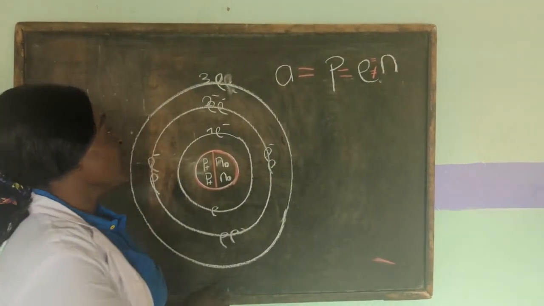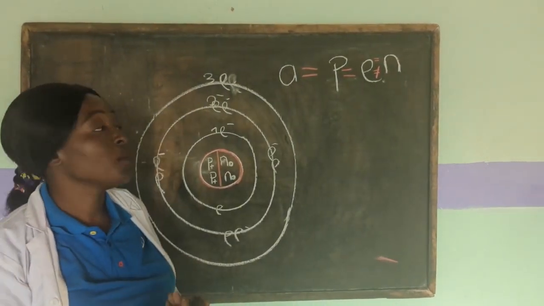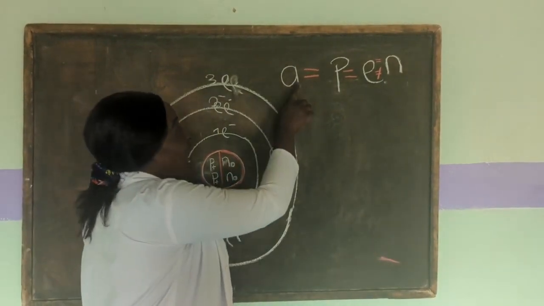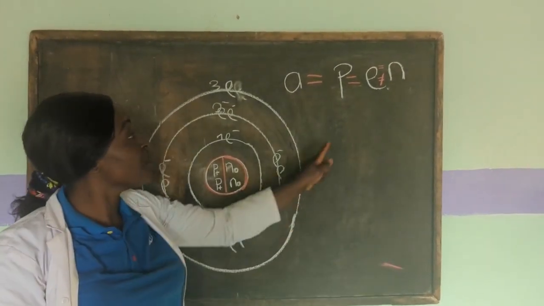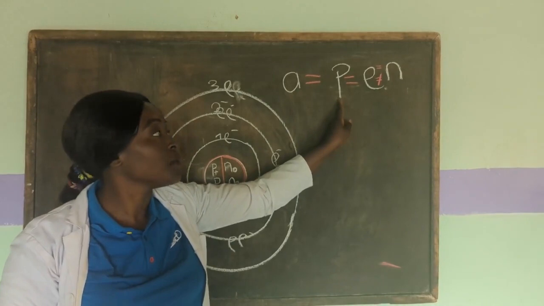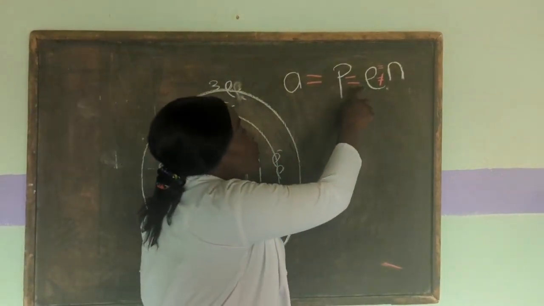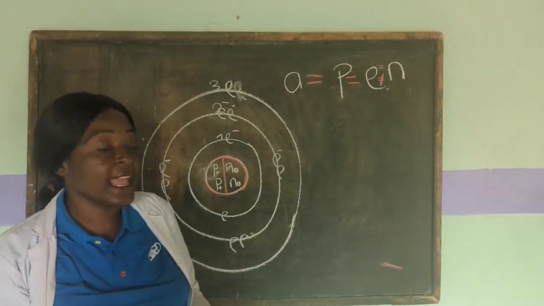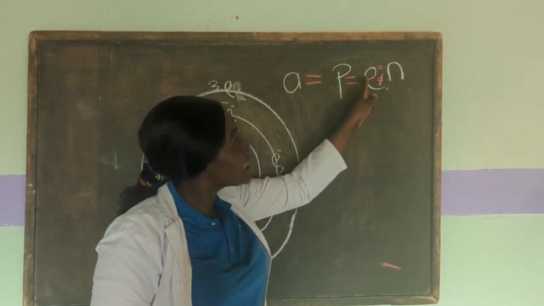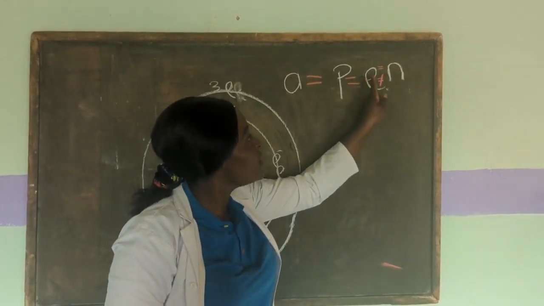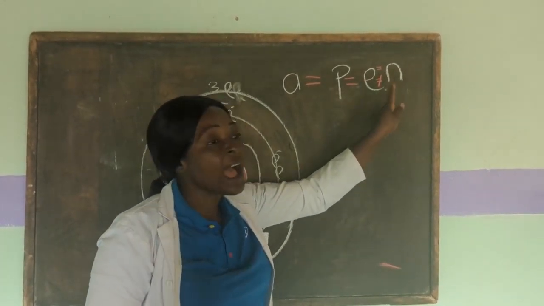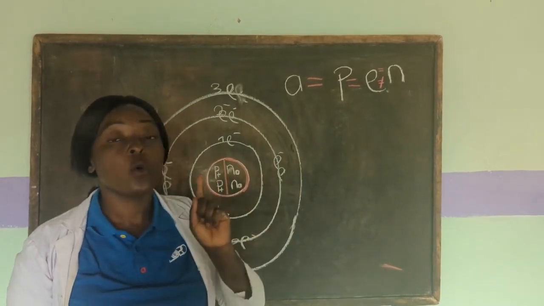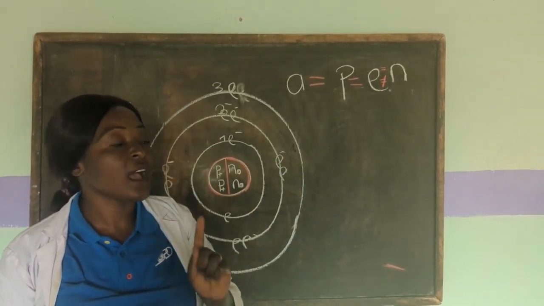Now, let me explain. A stands for atomic number, meaning the atomic number in an atom is the same as the number of protons. And the number of protons is still the same as the number of electrons. But at times, all of these are equal to the number of neutrons, and at times it is not the same. Why? Because of the existence of isotopes.